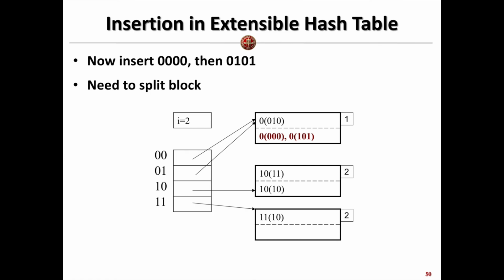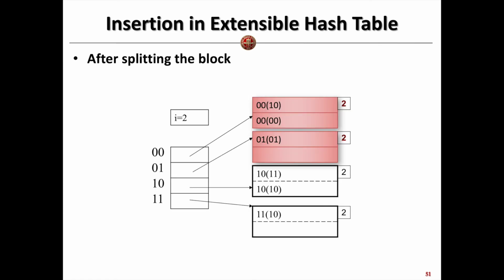The splitting process is very similar to the previous one. We split it into 2. We store the keys starting with 00 into the first bucket. We store the keys starting with 01 into the second bucket. We will have to change the pointers of the hash function, because right now we have 1 bucket for the 01 already, and we have to change the pointer to the corresponding bucket created for the 01.